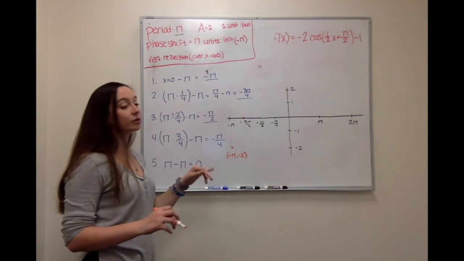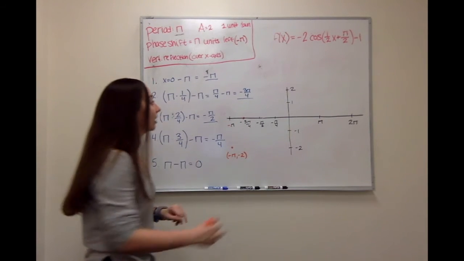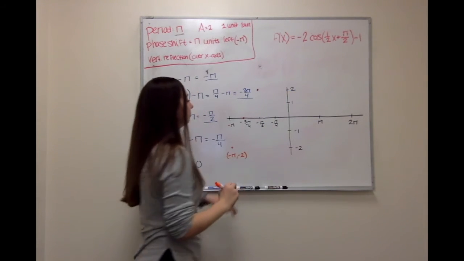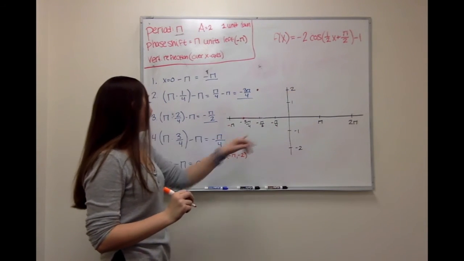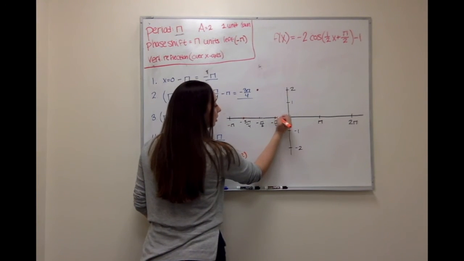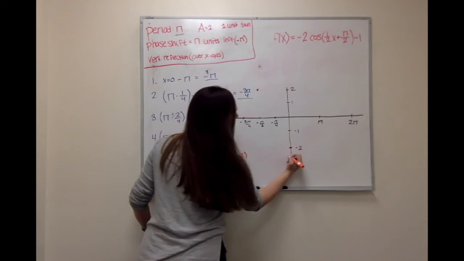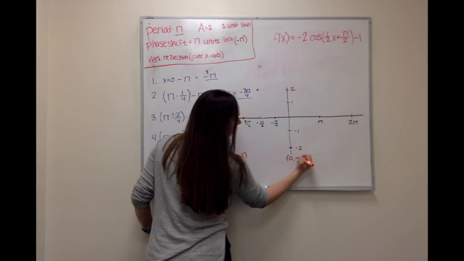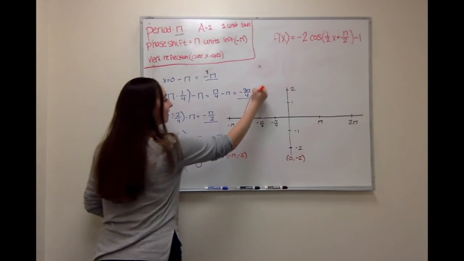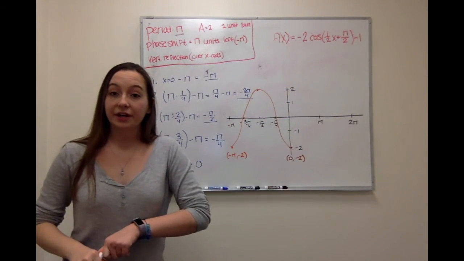And again, usually on a cosine graph, this would be at the very bottom, but because it's reflected, it's going to be at the very top at positive 2. And then we go back down at negative pi over 4, and we finish up at 0, negative 2. So that represents one period of the example.